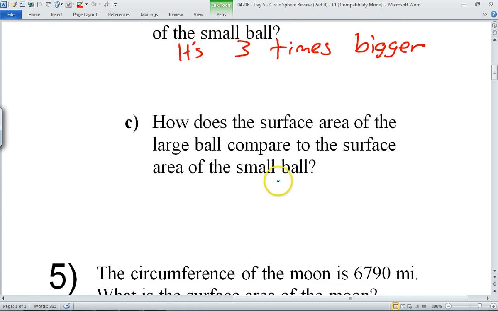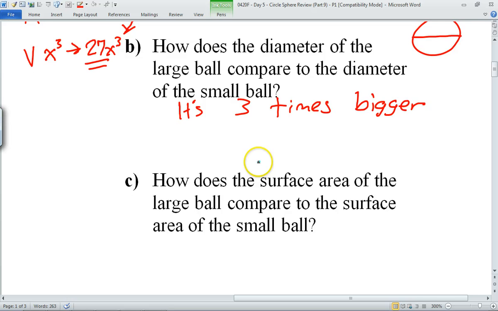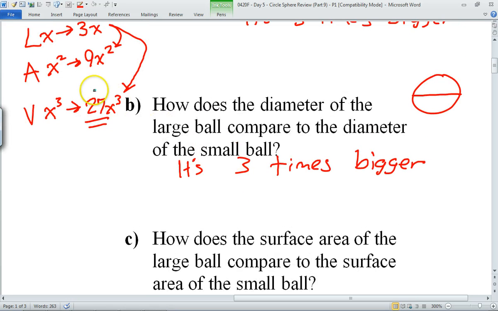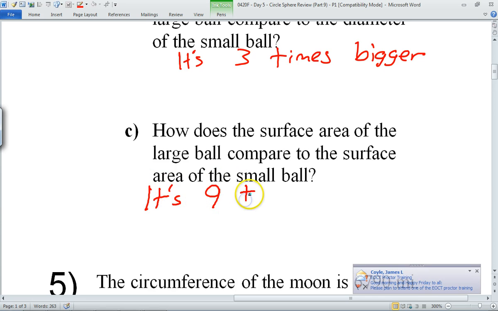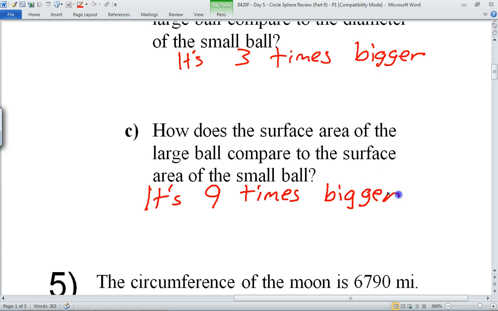All right, now how does the surface area compare? That's 9 times bigger. Looking back at our analysis, the area is multiplied by 9. So surface area would be 9 times bigger. Okay, that's how you do that.